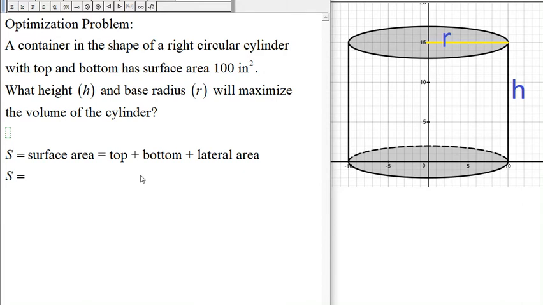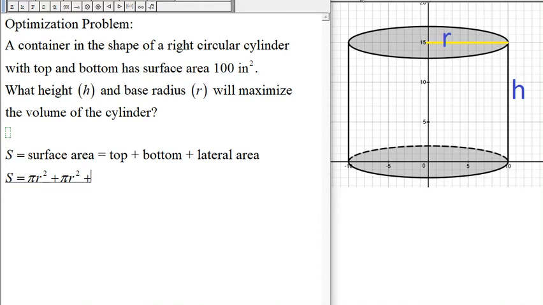The top here is just a circle, and the area of a circle is pi r squared, pi times the radius squared. Then plus the base or the bottom, it's the same thing, so it would be pi r squared.